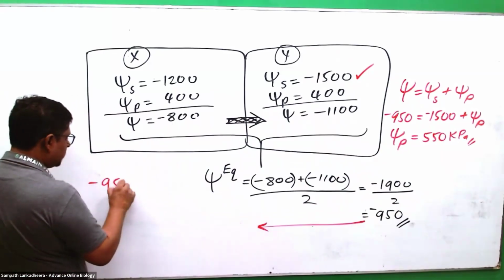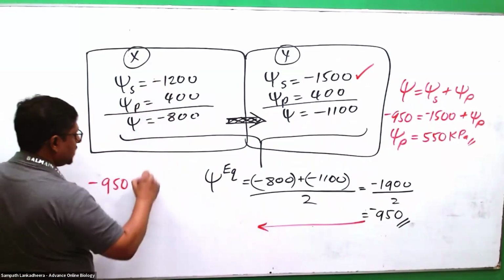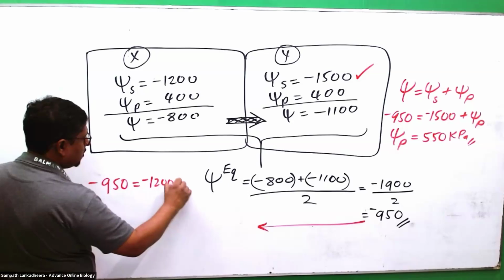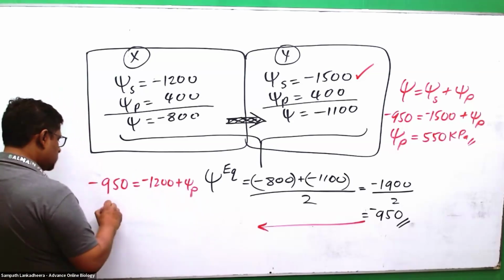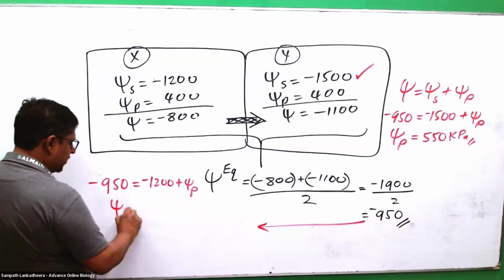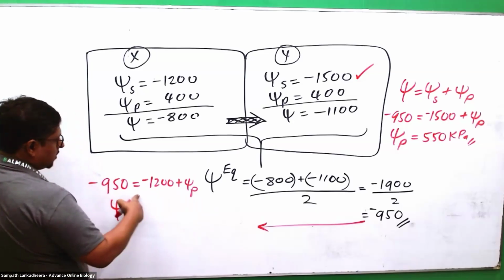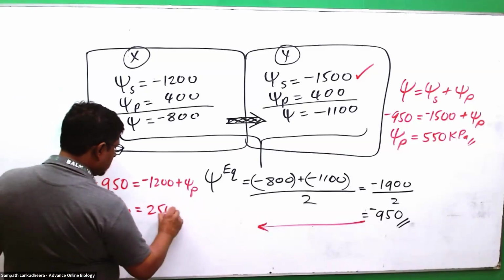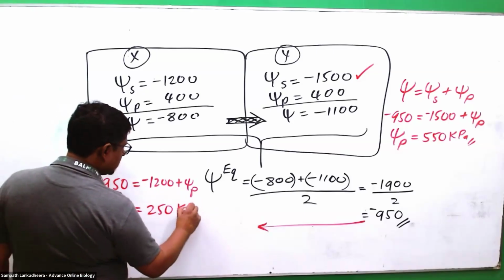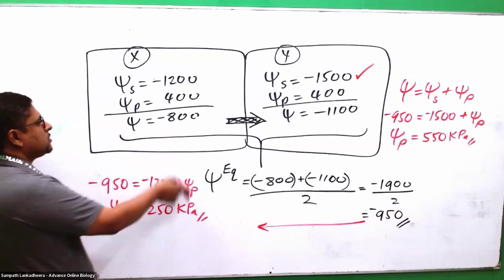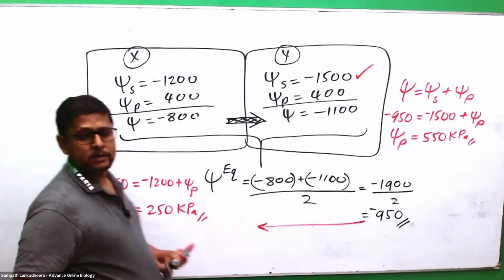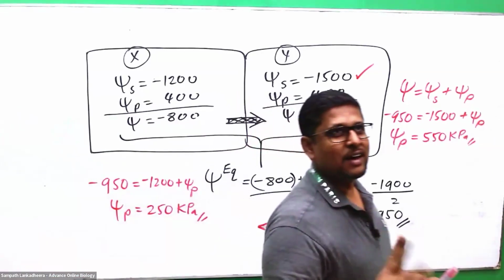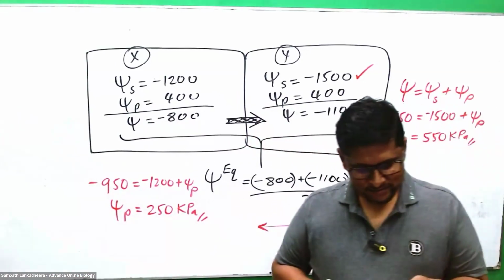Minus 950 is equal to minus 1200 plus psi P, so psi P value here is plus 250 kilopascals. So for cell X, the final pressure potential value is 250 kilopascals. Done.